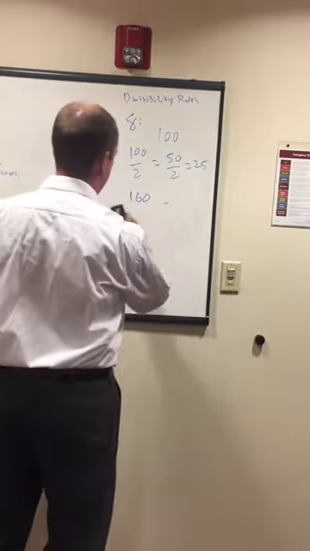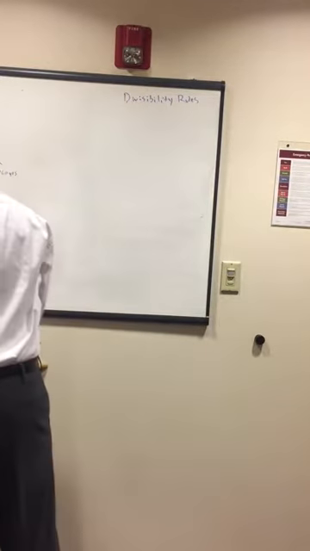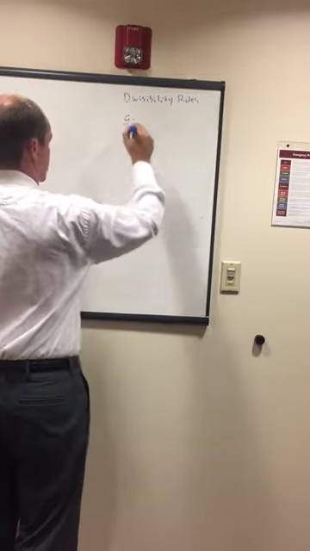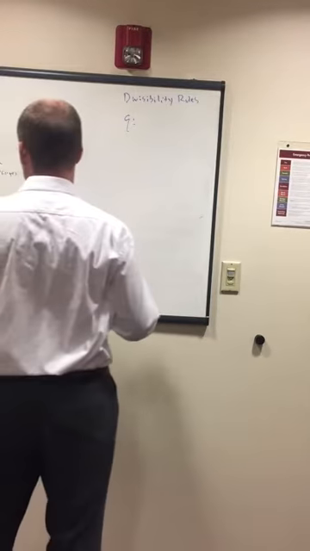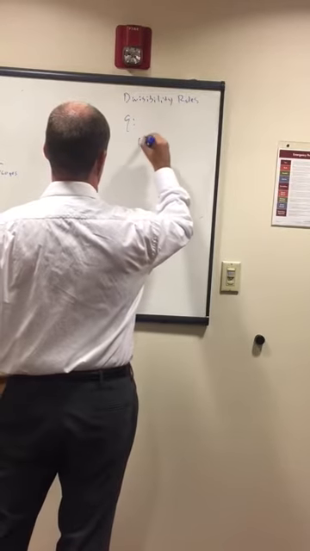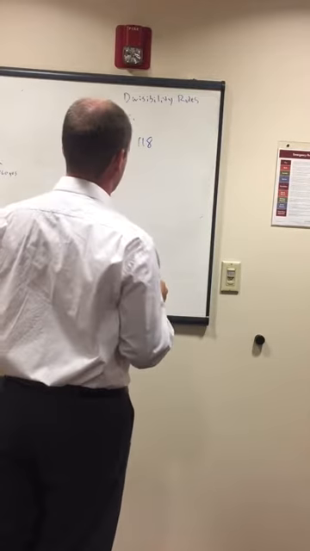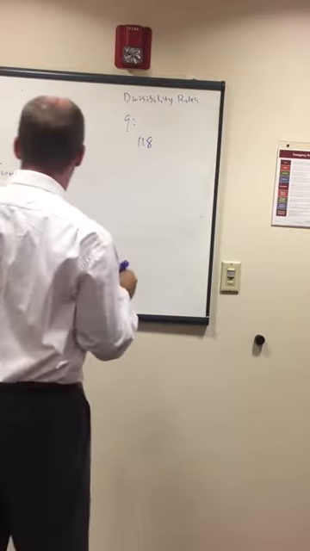Last one, 9. For 9, we add the digits and see if the sum is divisible by 9. So let's take a look. 118: 1 plus 1 is 2, 2 plus 8 is 10, so our total is 10. 10 divided by 9, I don't think so.